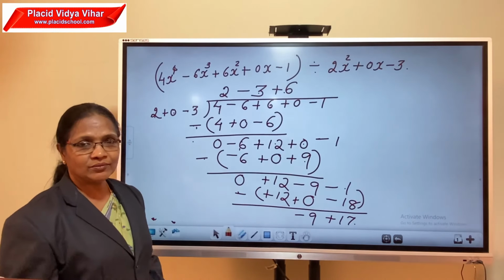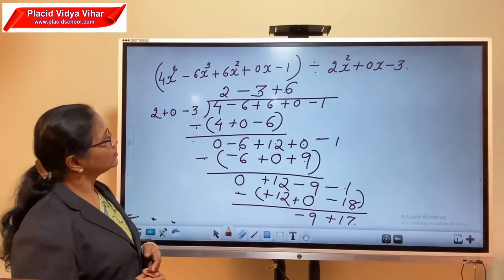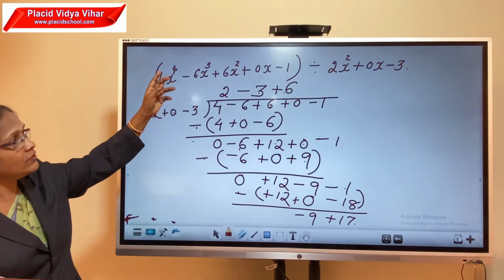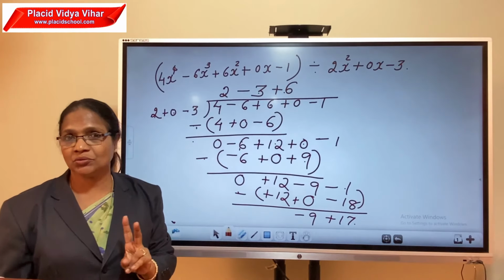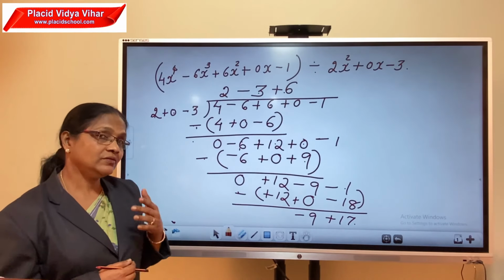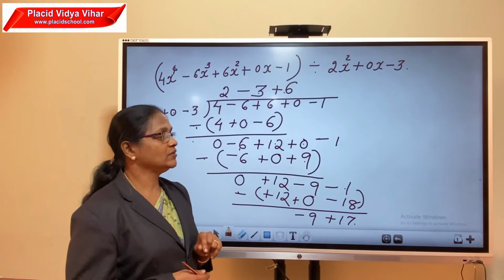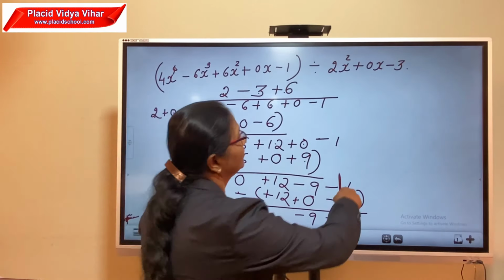Now we have to insert the variable part. I told you, the degree of the dividend is 4 and the degree of the divisor is 2. Therefore, the degree of the quotient must be 4 minus 2, that is 2. Therefore, we can write the answer.